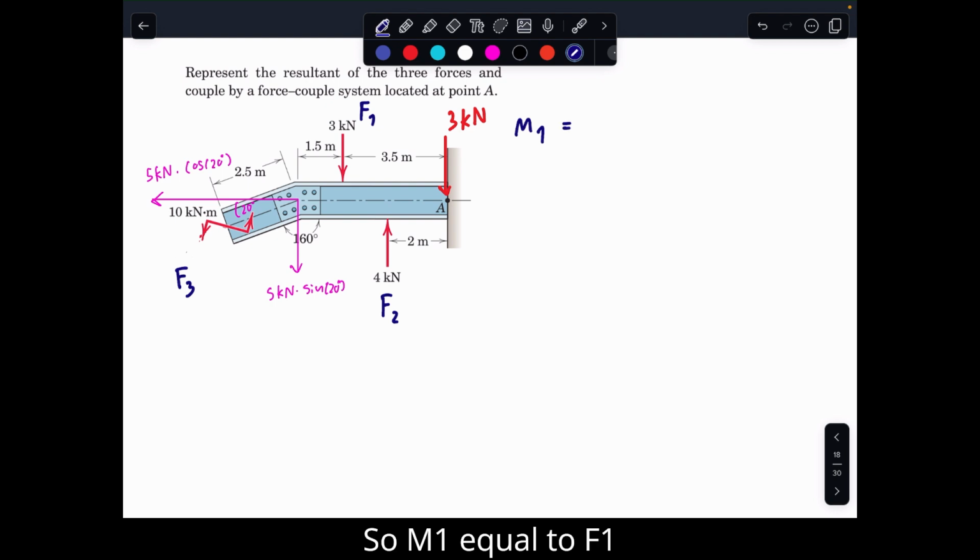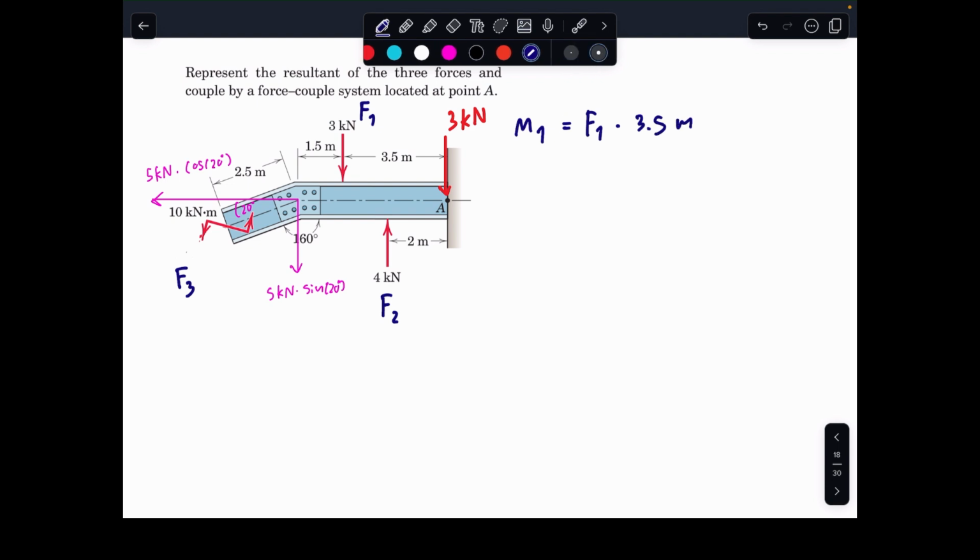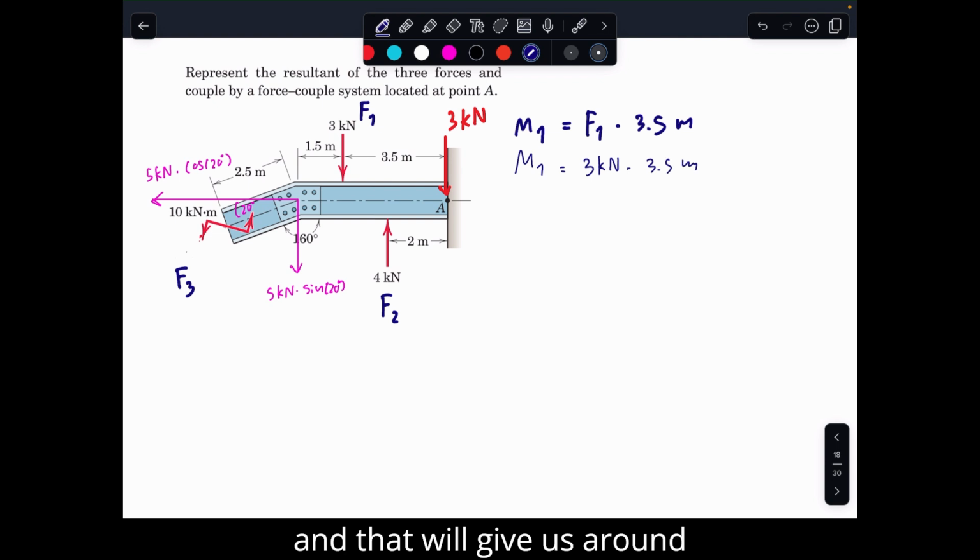So M1 equals F1 times 3.5 meter. M1 equals 3 kilonewton times 3.5 meter, and that will give us around 10.5 kilonewton meter.